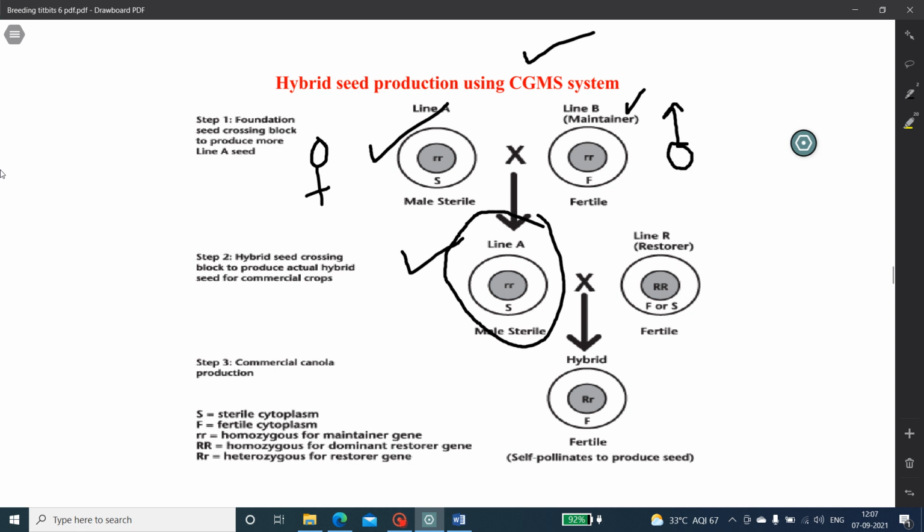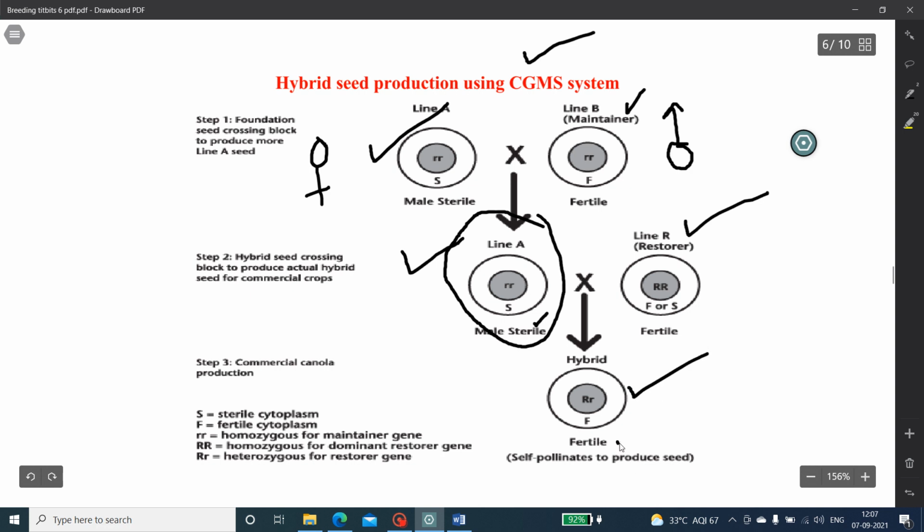That is in the case of GMS. In the case of CGMS, the F1 is completely male sterile, and it has to be crossed with the R line, restorer line, to produce the hybrid F1.